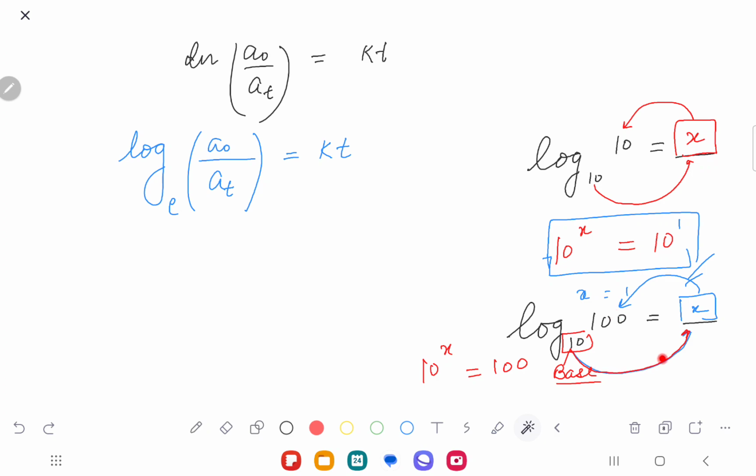That's how we have to get the answer. So what should be the value of x here? 10, ma'am. Oh, sorry, 2. So x is going to be 2. When I say log 8 to the base 2, what is the answer?